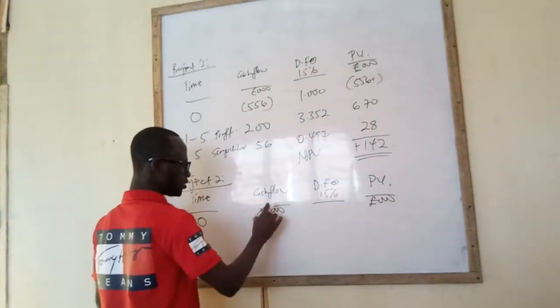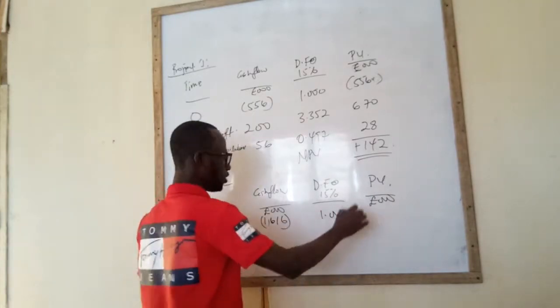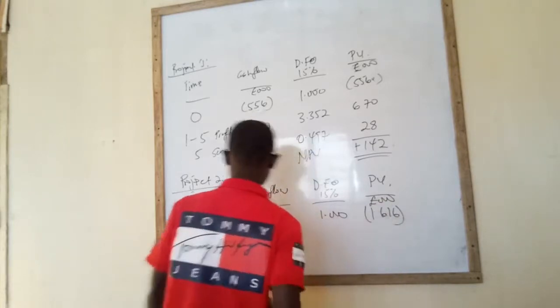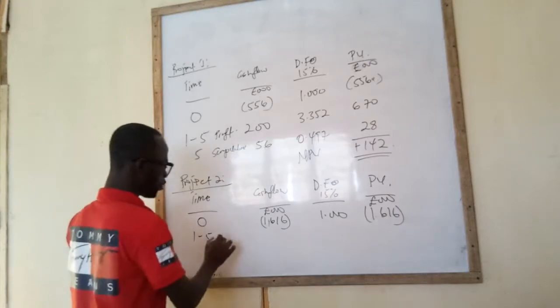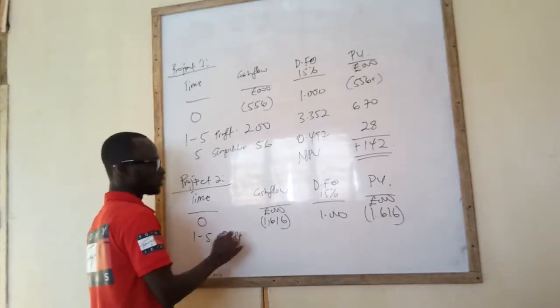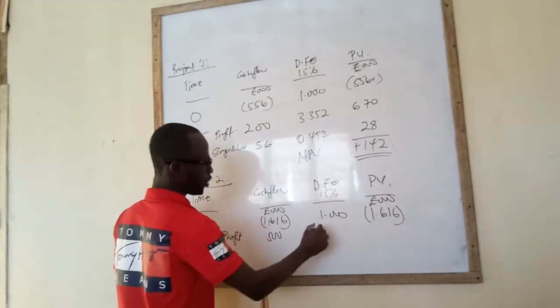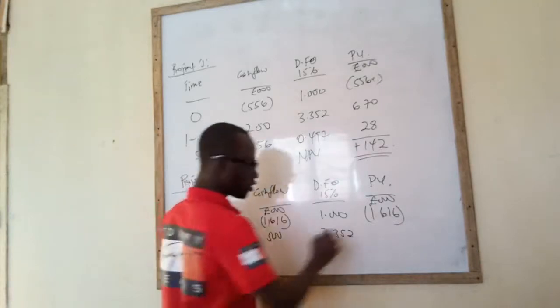That's going to be 1616, negative. From year 1 to year 5, the inflows or the profits, it's going to be 500,000 every year. Annuity table, the same thing, 3.352. When we multiply, we're going to get 1676.